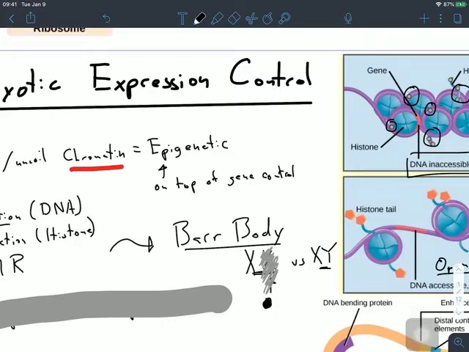Now, Barr bodies are super interesting because they're actually responsible for the color pattern in things like calico cats. You'll notice that it is much more common for a female cat to be a calico than a male.